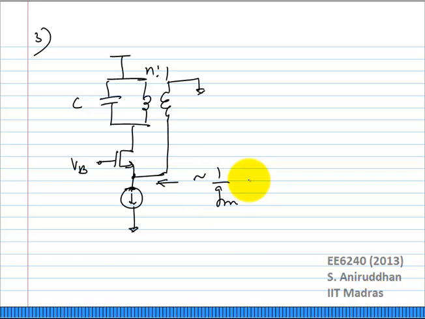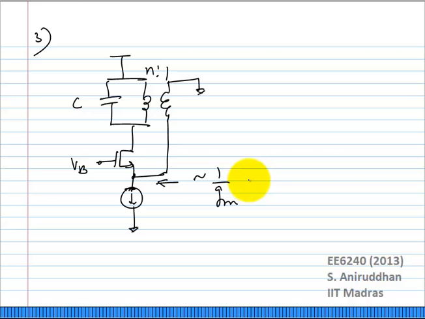If you directly connect it across the tank, your oscillation condition will be completely destroyed, because you are unnecessarily loading the tank. Your loaded Q would be much smaller compared to the unloaded Q. That is why you need an explicit impedance transformer. The impedance transformer you can achieve using tap structures or using transformers.